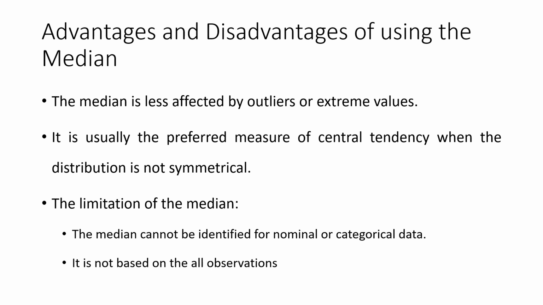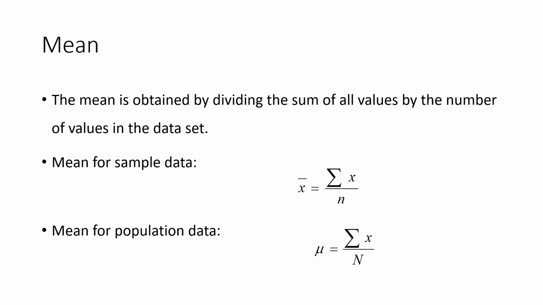Having looked at that, we want to look at how we can determine the measure of central tendency. The mean is the next one we want to look at. It is obtained by dividing the sum of all values by the number of values in the data set.